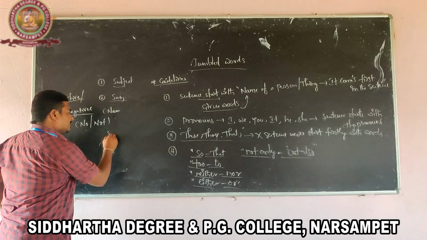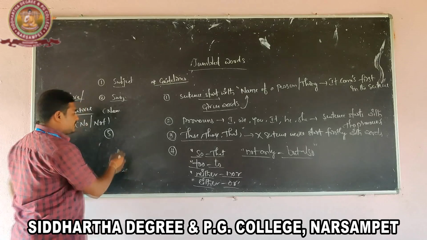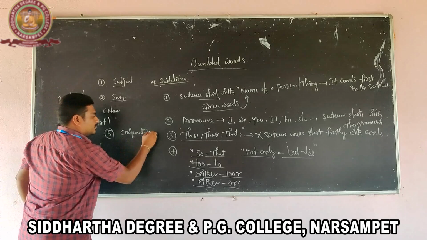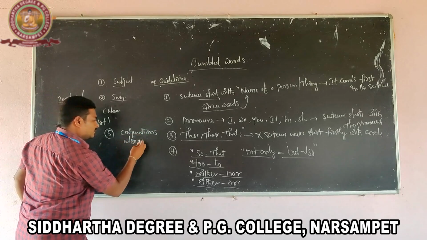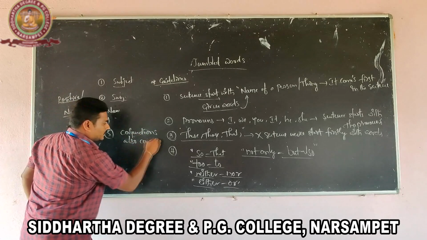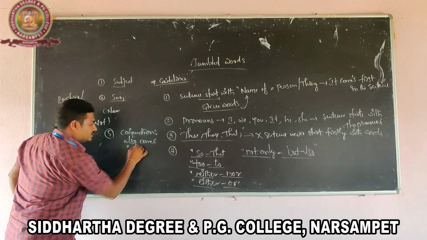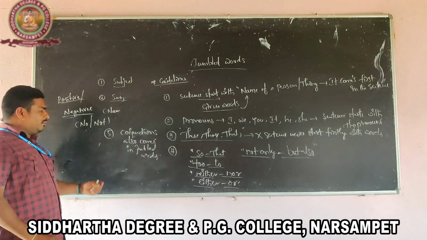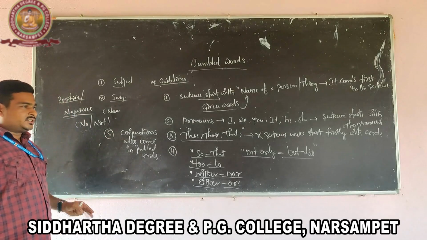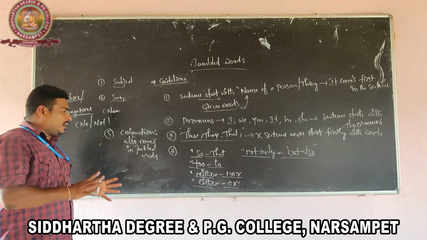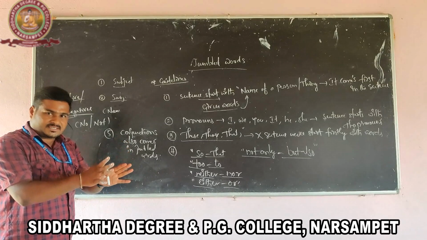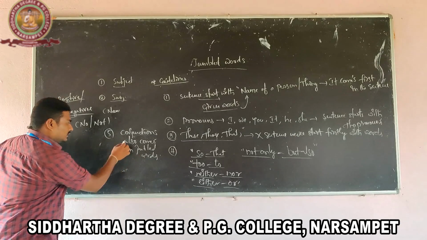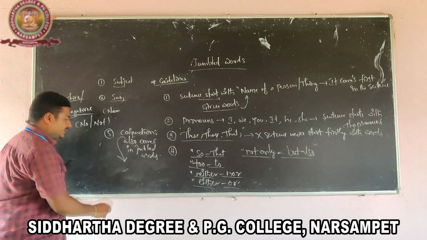Including this, the fifth one is: some conjunctions also come in jumbled words. We know what conjunction means: it combines pairs of words, sentences, clauses, right? We know very well. Then what are the common conjunctions?